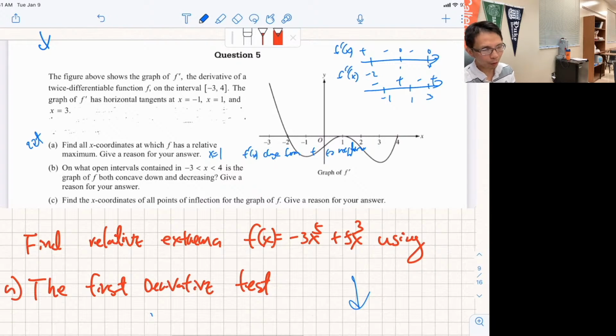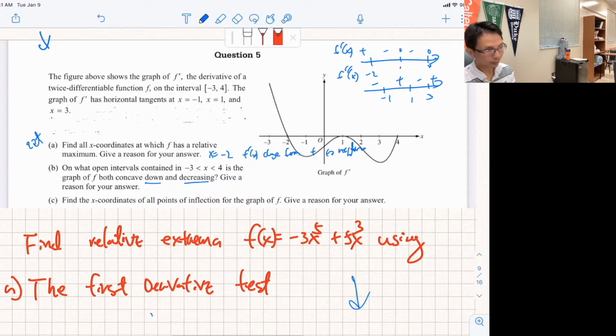Now, on which open interval between -3 and 4 is f both concave down and decreasing? So concave down is negative infinity to -1, but concave down and decreasing, you have to be careful. X equal to, oh, sorry, -2. I screwed up.